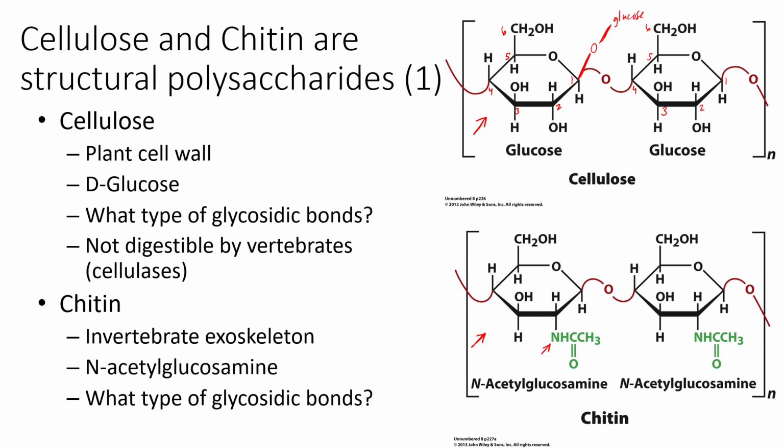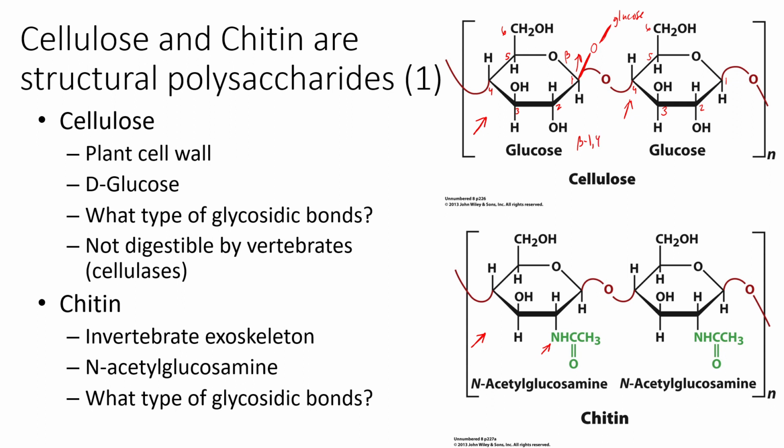At any rate, we know that this original hydroxyl is pointing up, so it's beta. We know that it's on the 1 carbon, the anomeric carbon, so we would call this beta 1. And then the second number we would use to describe this glycosidic bond is where that bond is occurring on our second glucose molecule that's shown here on the right. And we see that it's attached at carbon number 4.